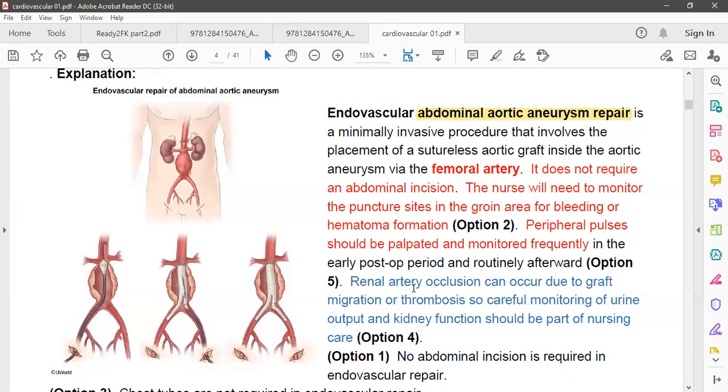Renal artery occlusion can occur due to graft migration or thrombosis. So careful monitoring of urine output and kidney function should be part of nursing care as well. Abdominal aortic aneurysm or cerebral aneurysm, both are very important for the NCLEX board exam.